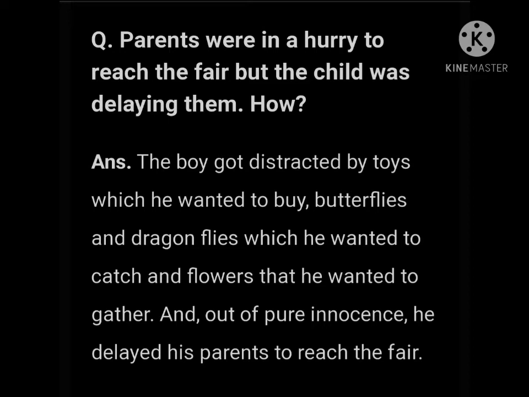You can start by answering that the child got distracted by the toys, then the things in nature, butterflies, dragonflies, and he was also attracted by the mustard fields and the flowers blooming, and out of pure innocence he was delaying his parents to reach the fair. The words to be used here are that he was enjoying nature, being one with nature. Those are the words that you have to use for this answer.